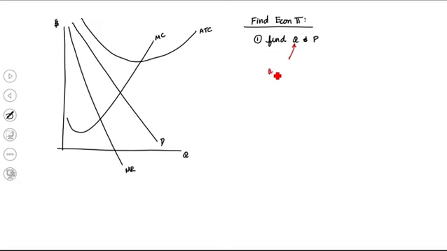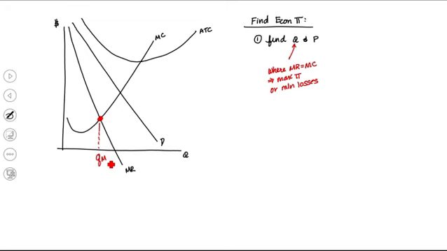Good, where marginal revenue equals marginal cost. Remember, that will maximize profits or minimize losses. So can we find the point where marginal revenue exactly equals marginal cost? Right there. Everyone agree?